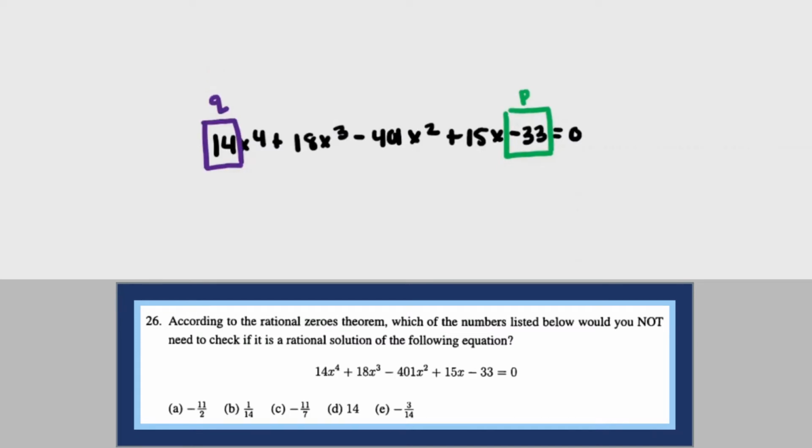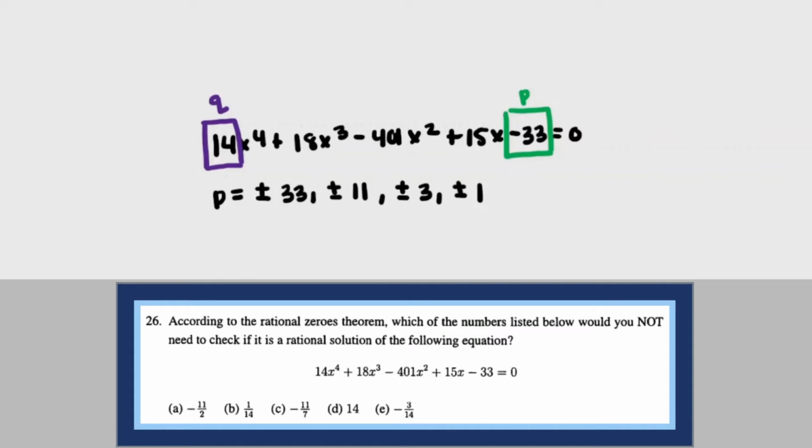So the first thing we're going to do is for our P, as you see, it's negative 33. So we're going to find factors of negative 33. For 33, we're going to say plus or minus 33, plus or minus 11, plus or minus 3, and lastly plus or minus 1.